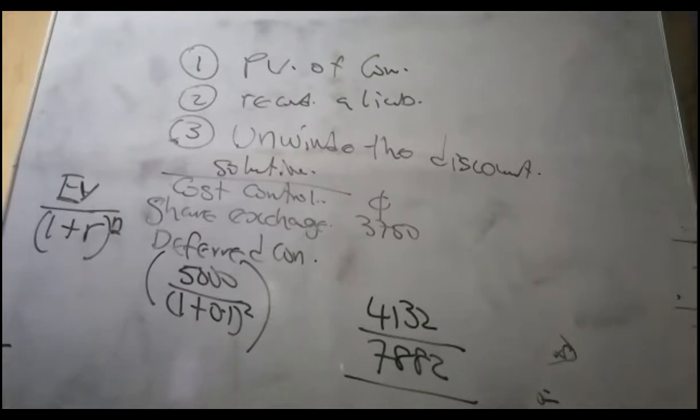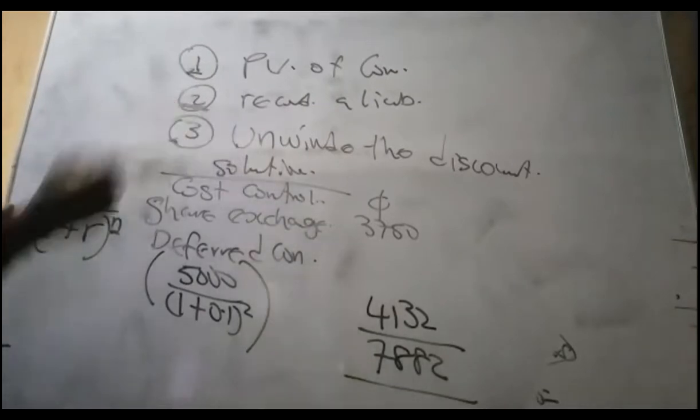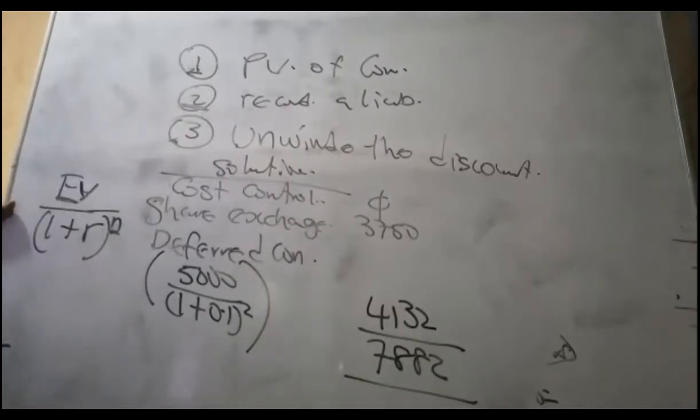Okay. So basically, that's step 1. Have you seen just one step we've done? You go to step 2. Here too, I'm very certain that they will ask you to do the accounting treatment.